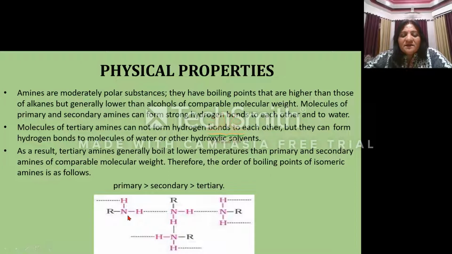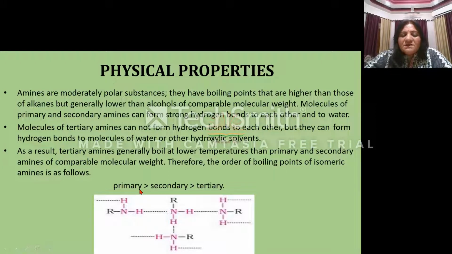And this is the reason that the solubility of the primary amines in water is more, because it will form the bonding with the water molecule also, and more molecules of the primary amines can be linked through the intermolecular hydrogen bonding. So the boiling point order of the isomeric amines is given in the slide.